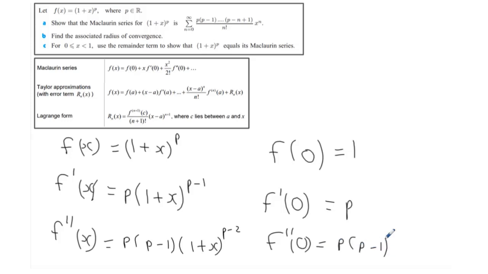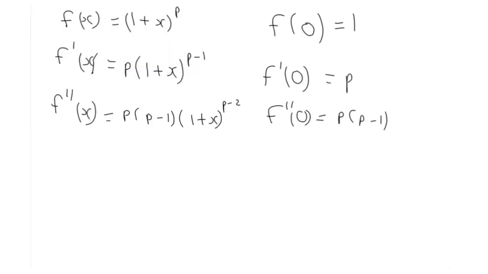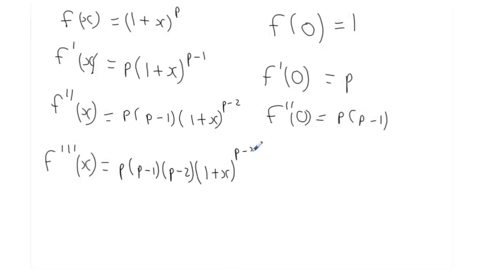And now there should be enough to see a pattern. So f triple dash of x is going to be p times (p minus 1) times (p minus 2) times (1 plus x) to the power p minus 3.